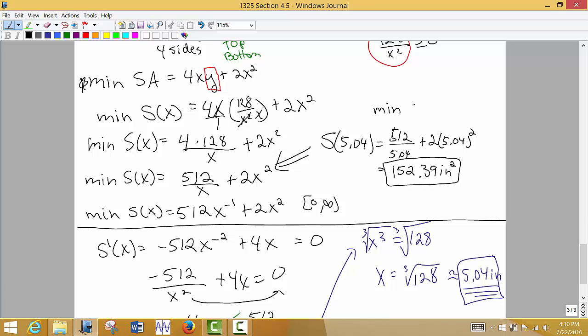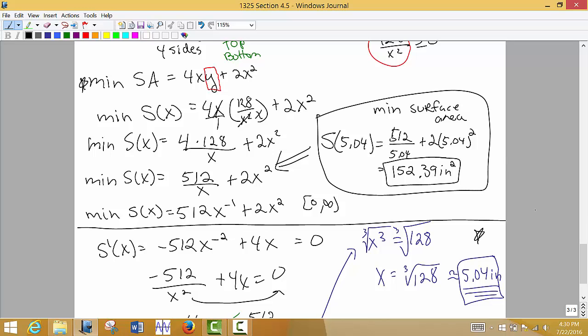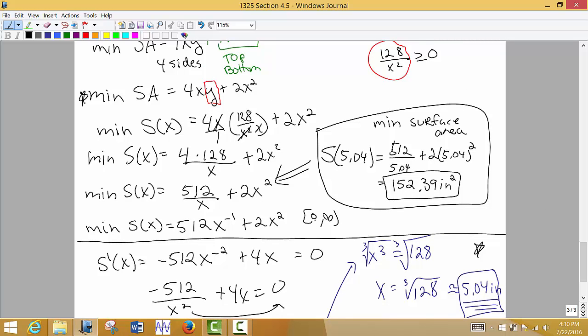Alright, so our minimum surface area, we find that by taking our x value, our critical number there, and plugging it back into the original equation. So we plug in our critical number. We only have one critical number. Remember our bounds was going from 0 to infinity. So if I plug in 0, I'm going to get 0.